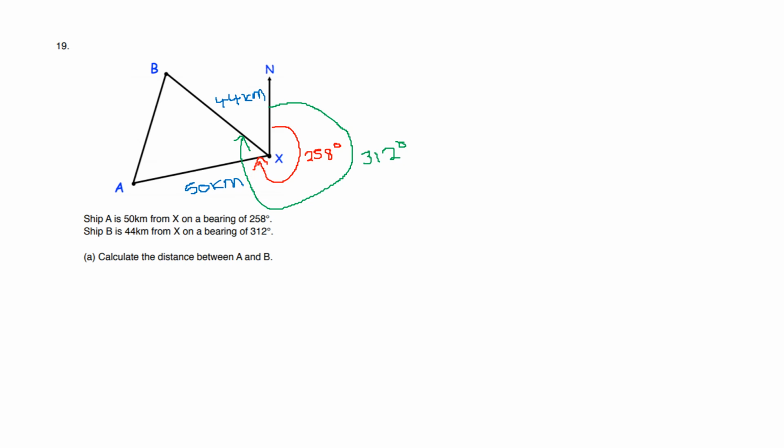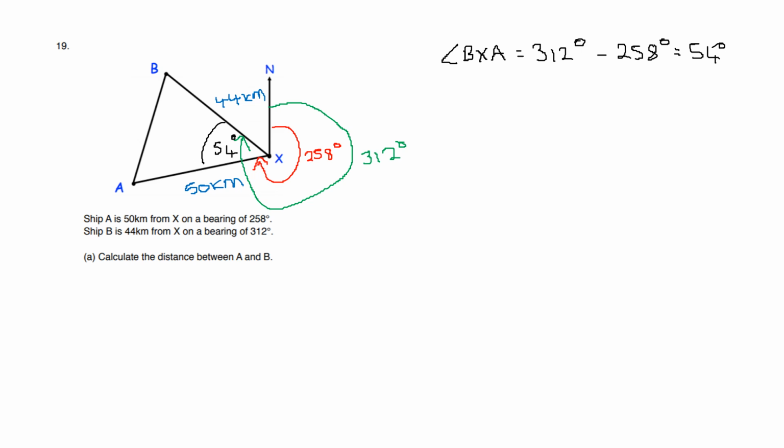So this angle here, BXA, we can work that out by finding the difference between the bearing of A and the bearing of B. So angle BXA will be equal to 312 degrees minus 258 degrees, which will give us 54 degrees. So this angle here is 54 degrees.